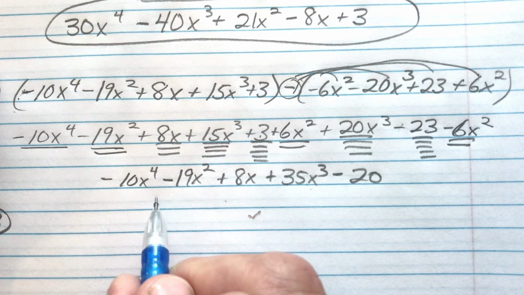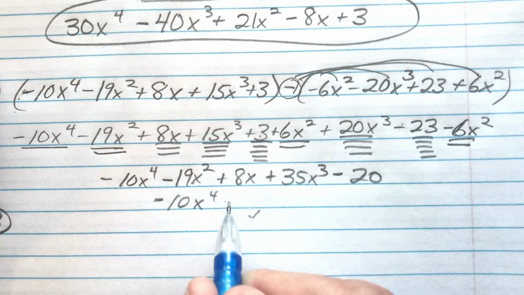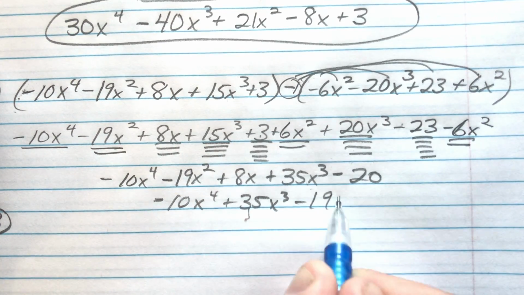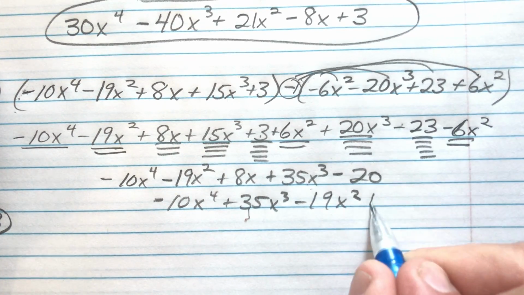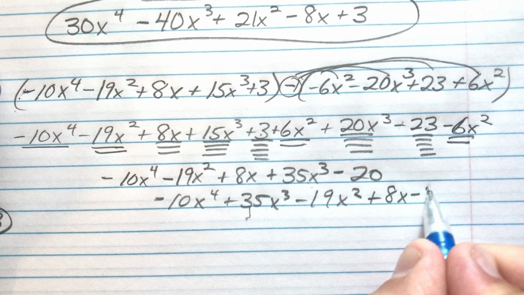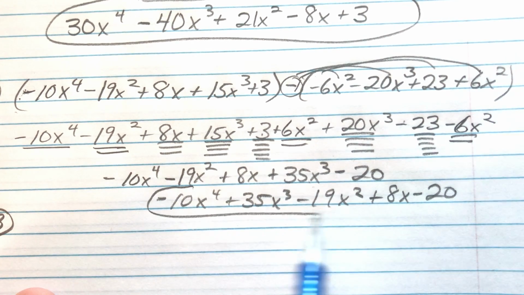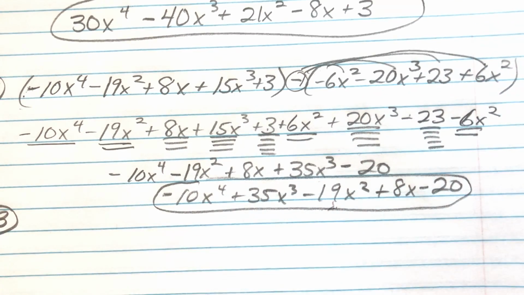And then in standard form, this would be negative 10x to the fourth plus 35x cubed minus 19x squared plus 8x minus 20. Let's see if I got the right answer here. Yep, looks good.